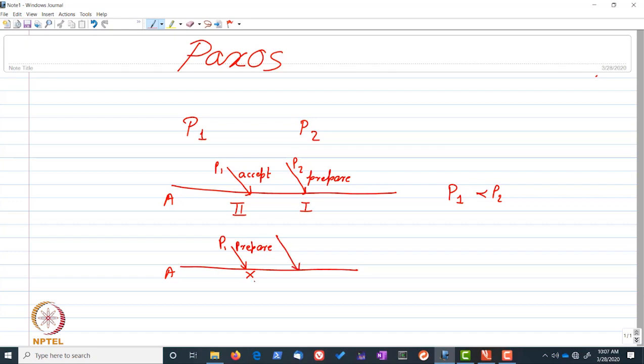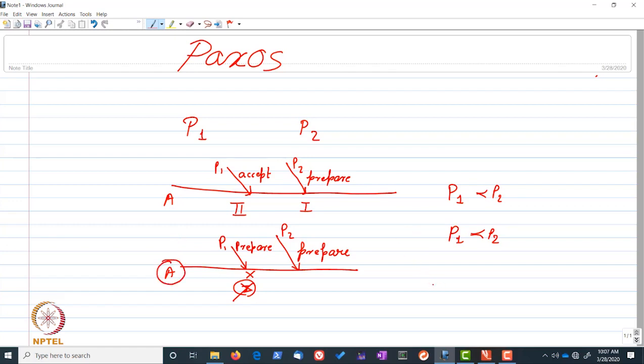So the phase 1 of this fails, and then P2 sends a prepare message. If P2 sends a prepare message, then clearly there is a strict ordering between P1 and P2. So then also we say that P1 precedes P2. Similarly, we can have other cases where some P3 precedes P4. So this is a standard precedence relationship at a certain acceptor.